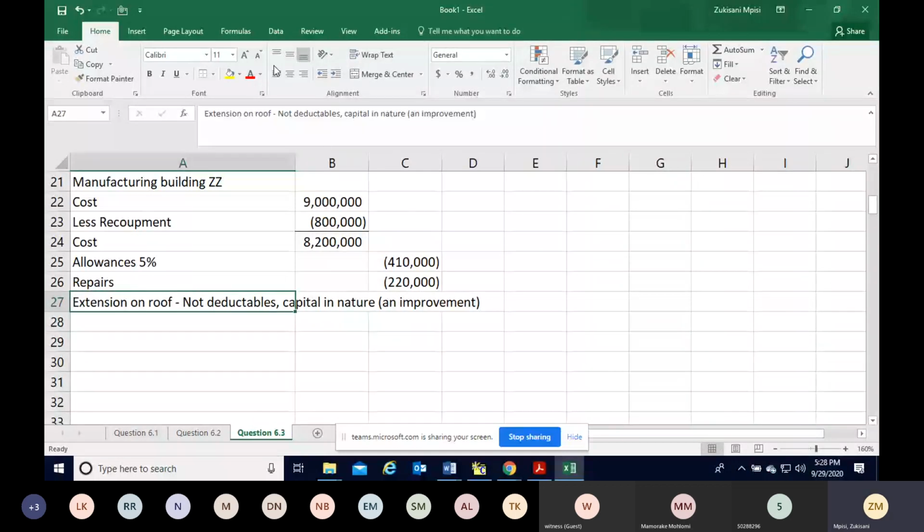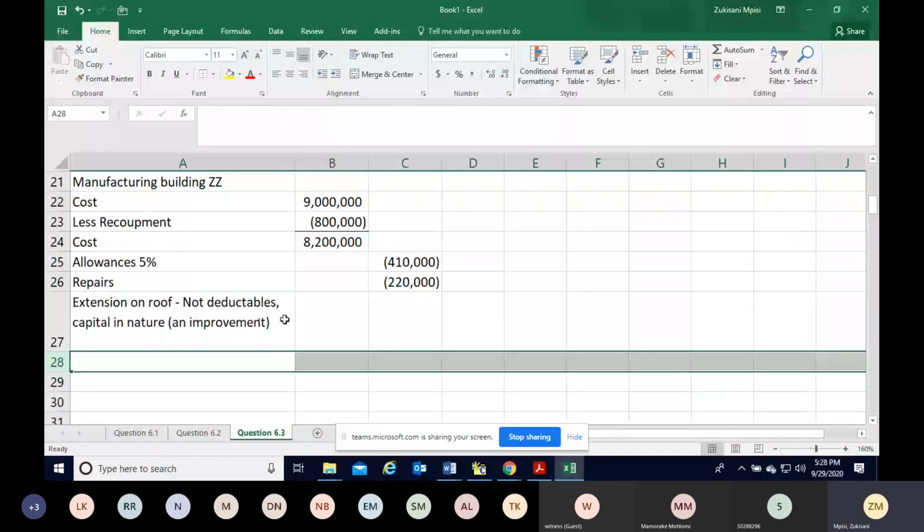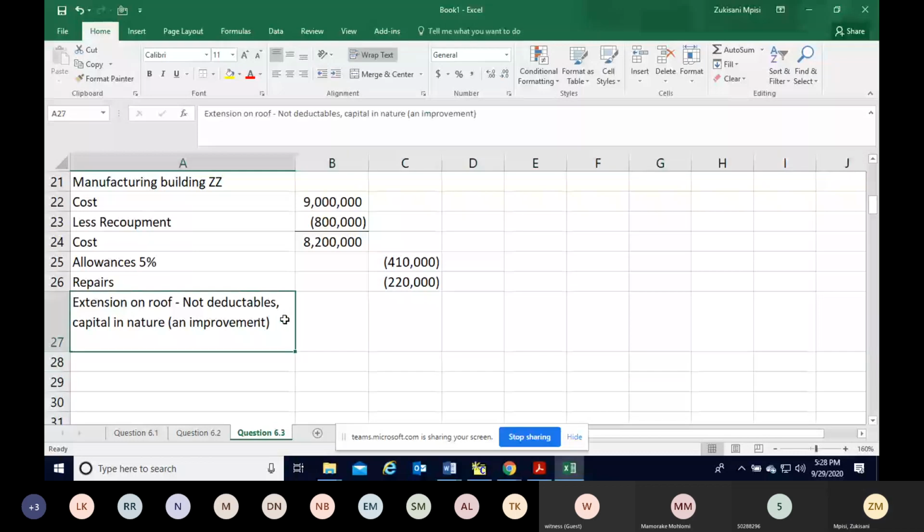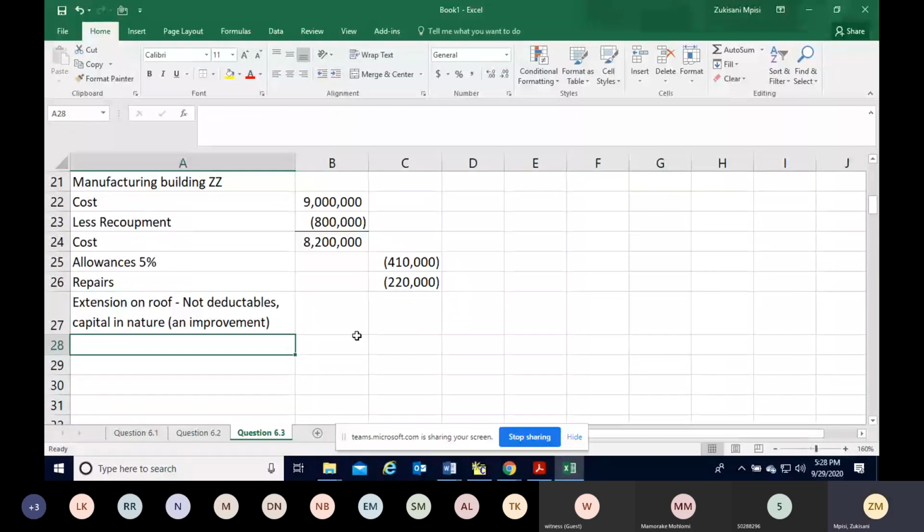So you first test it as a deduction. So it's not deductible. Then the second part that we look at is the allowance that you are going to provide on the extension.